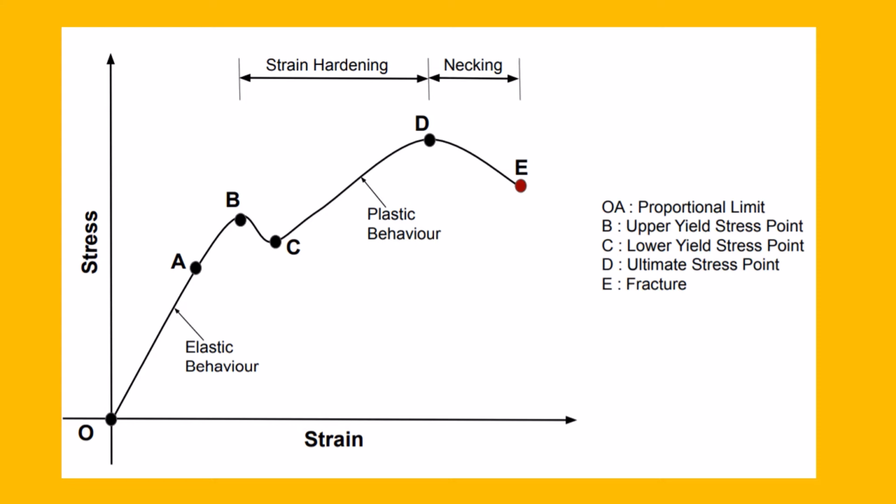To explain modulus of elasticity, we are only concerned about the portion of the curve OA, where OA is the curve portion within which the stress is directly proportional to strain. The point A is hence called the proportional limit. The points B, C, D and E will be explained in later videos. So let's focus on modulus of elasticity.